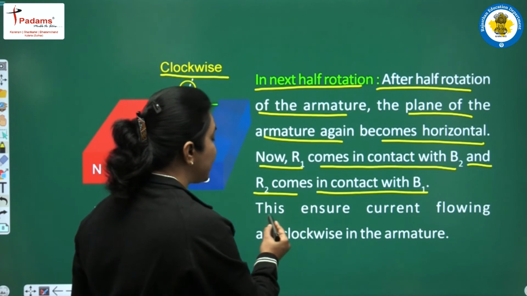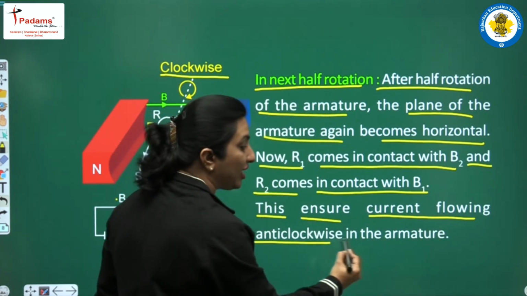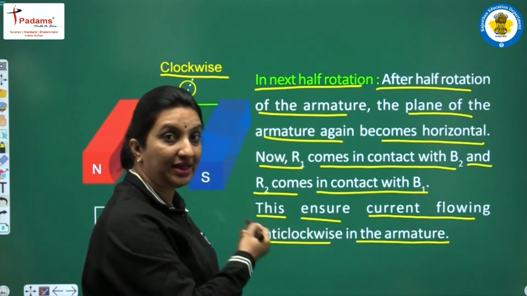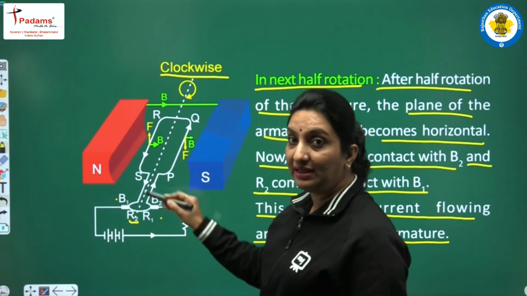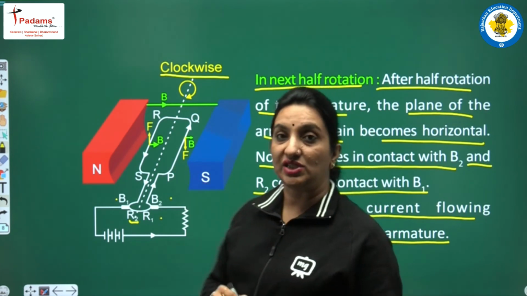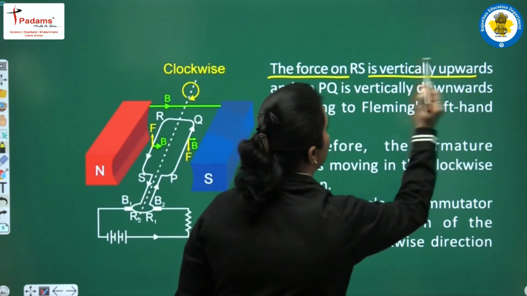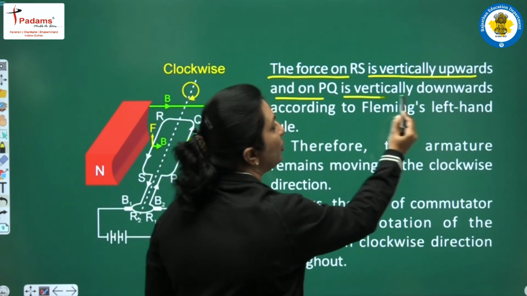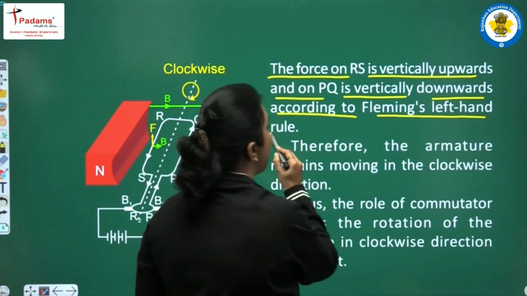So here students, this ensures current flowing anti-clockwise in the armature coil. This we have seen, that in the armature coil the current is flowing in the anti-clockwise direction, right students? Then the force on RS is vertically upwards and on PQ is vertically downwards according to Fleming's left hand rule.